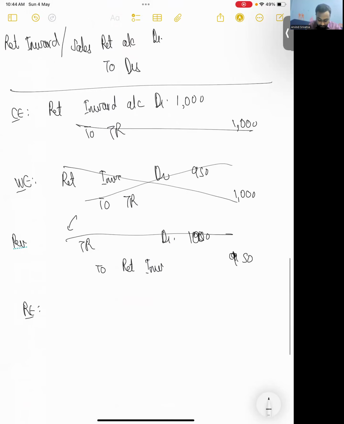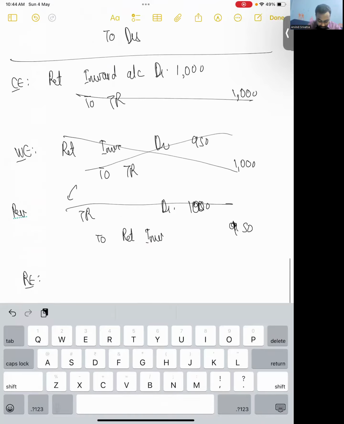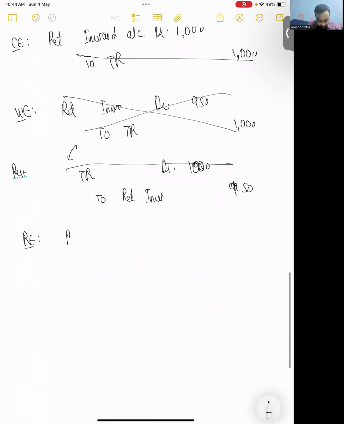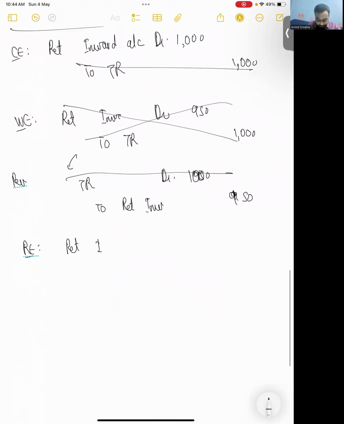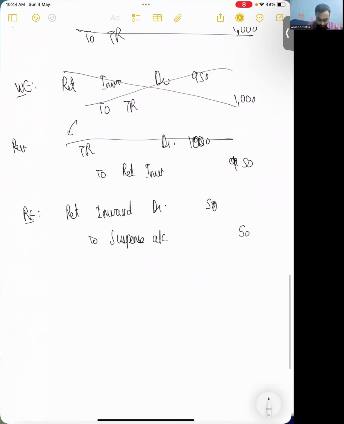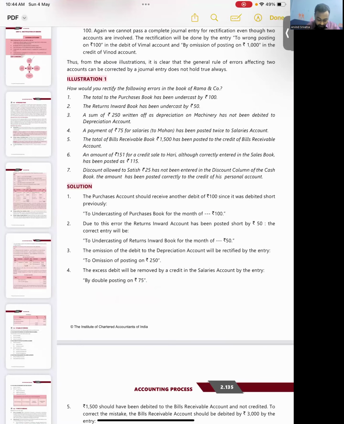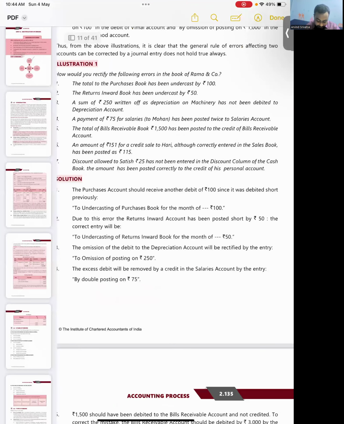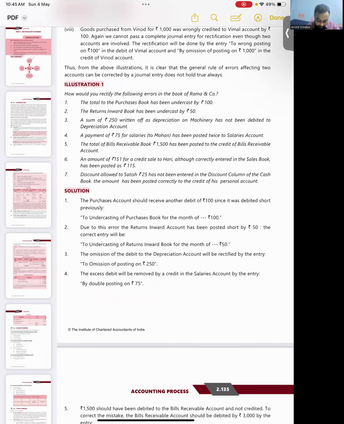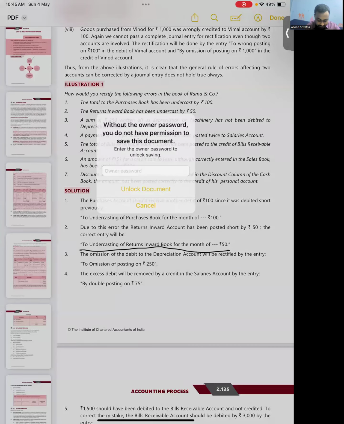So your returns inward has a net debit of 50 because 1000 is there in the debit already. You have 950 in the credit, so net is debit 50, and in the credit you don't have anything, so you have to bring a new account called suspense account. So the correct entry will be for undercasting of returns inward book for the month of 50. So basically that's what they're again saying.